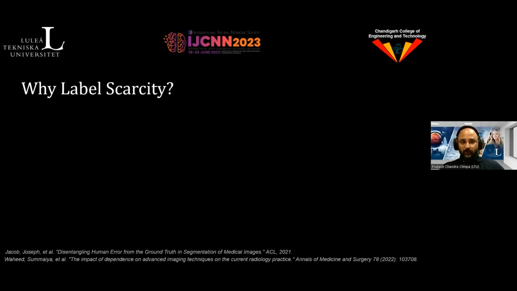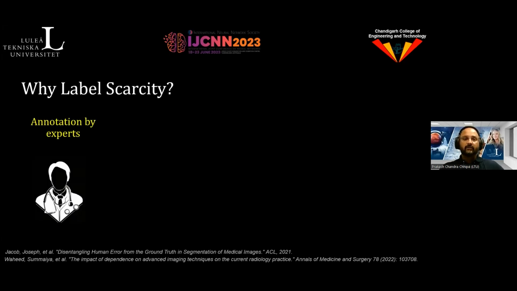Coming to label scarcity, the first and foremost reason is that annotations in medical images must be done by experts, which comes down to cost and time consumption. This is the primary reason medical images in general have label scarcity.